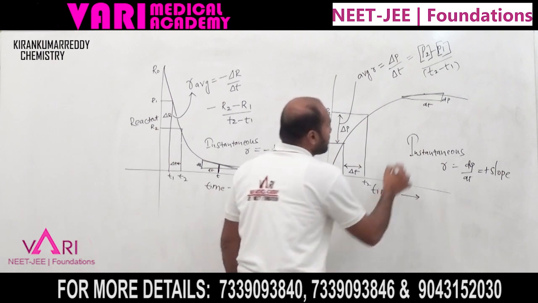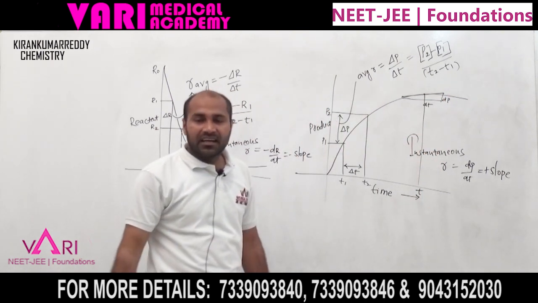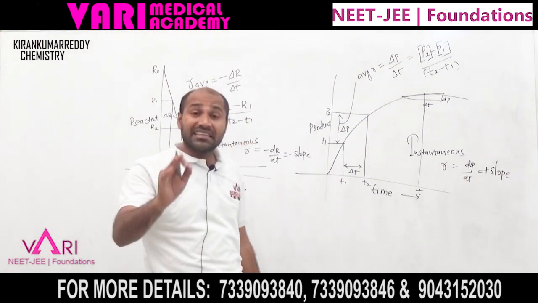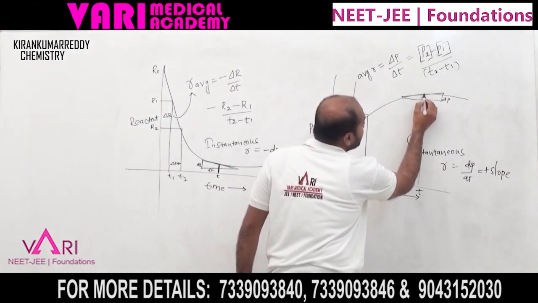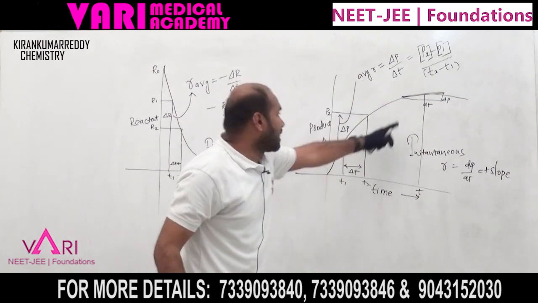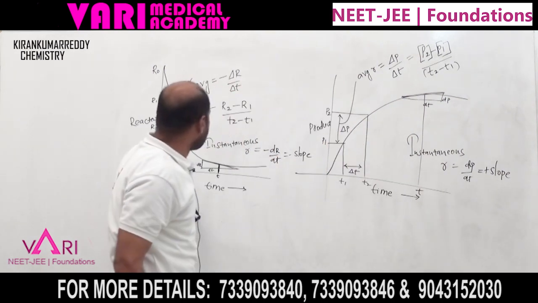At a particular point t, we can measure the instantaneous rate of reaction. The rate of reaction can be determined at a particular point during the course of reaction. We draw the tangent at the particular point, and the slope is positive for products, and this one is the negative slope for reactants.